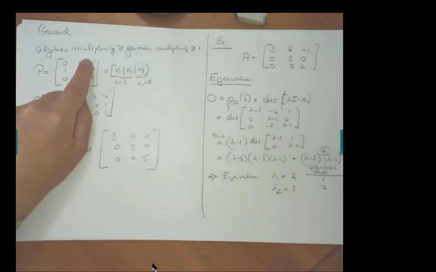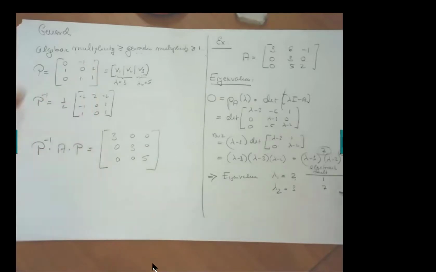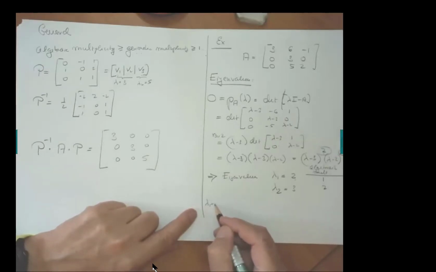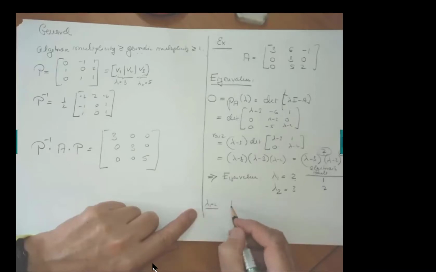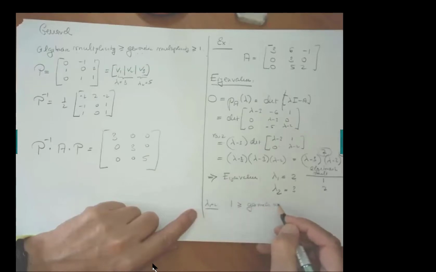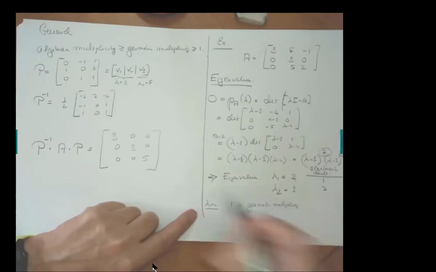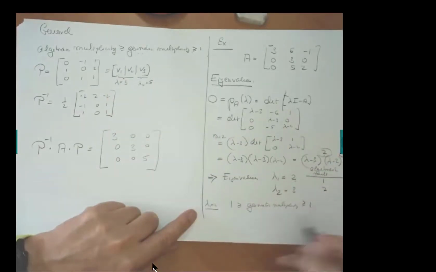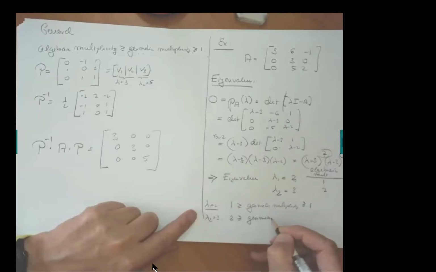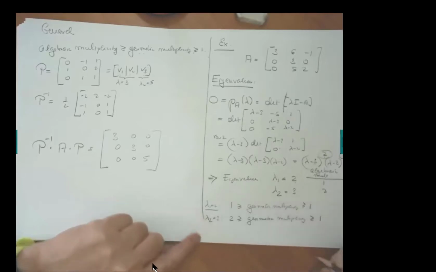And from the equation I showed you before, actually we have not proved this, but this is what's true. So we know for lambda 1 equal to 2, we have 1 larger or equal to the geometric multiplicity larger or equal to 1. And for lambda 2 equal to 3, we have 2 larger or equal to the geometric multiplicity larger or equal to 1.